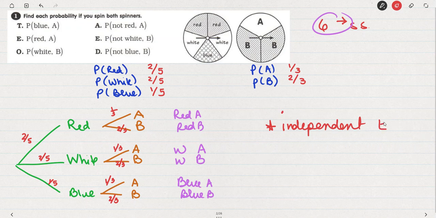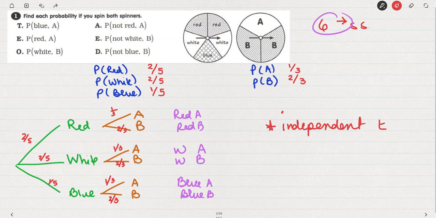So these are going to be considered independent events because the 2 spinners have no bearing on how one another respond. So our first event, the red, white, or blue, doesn't affect the A or B for the second spinner. So they're called independent.